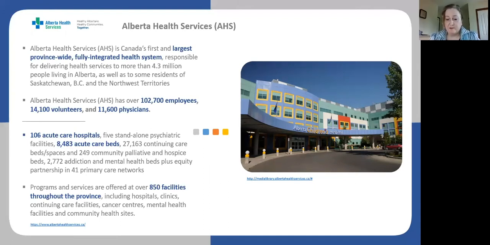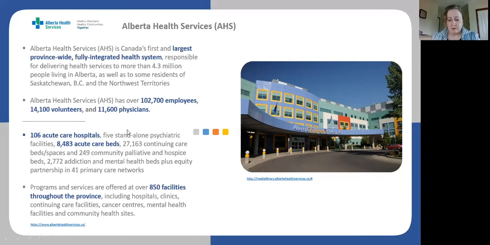It's been 10 years since we went through an amalgamation of multiple geographical areas into the first and largest province-wide, fully integrated healthcare system, serving more than 4.3 million people living in Alberta and the other provinces around. It's important to highlight the fact that there are more than 100,000 employees, volunteers, and also 11,000 physicians.